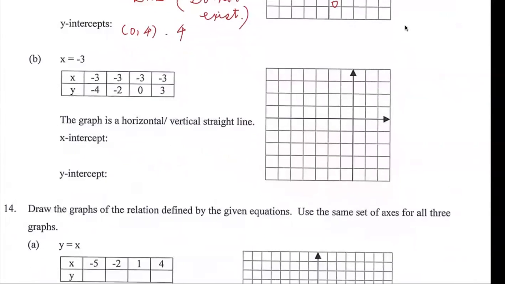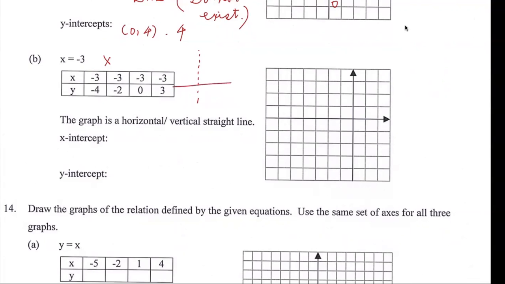Part B, x is equal to minus 3. When we have a constant x value, that means all the points on the straight line have the same x value, but different y values. What does that mean? Let me draw this. All the points on the straight line have the same x value, which is minus 3, but it doesn't really matter.